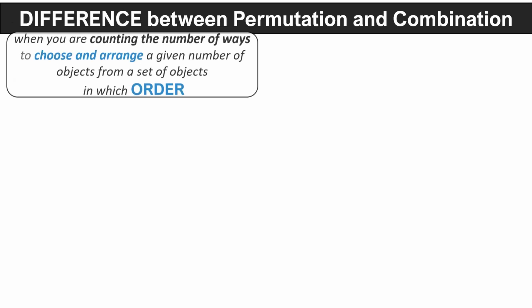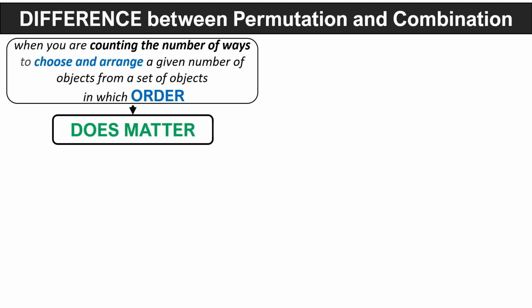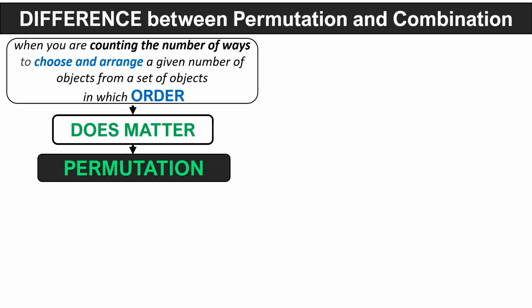Are you ready, students? To begin, let us recap the difference between permutation and combination. When you are counting the number of ways to choose and arrange a given number of objects from a set of objects in which order does matter, then it is a permutation.